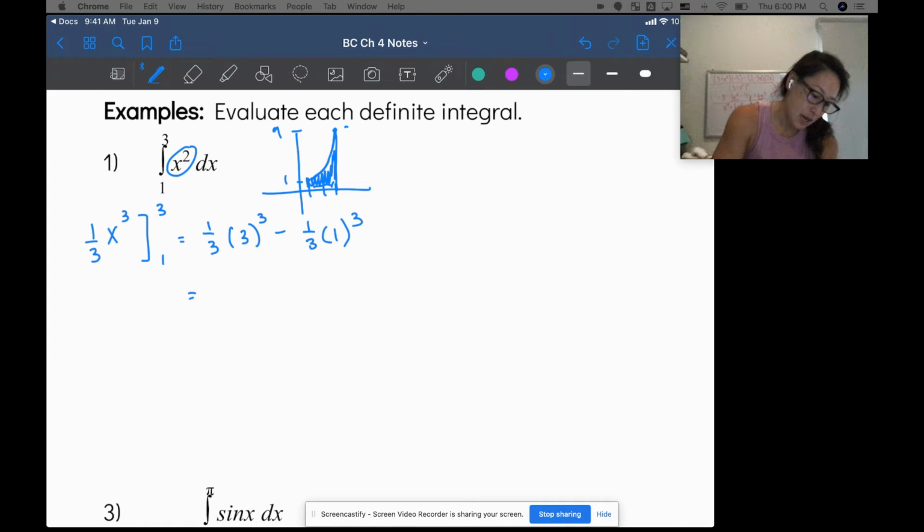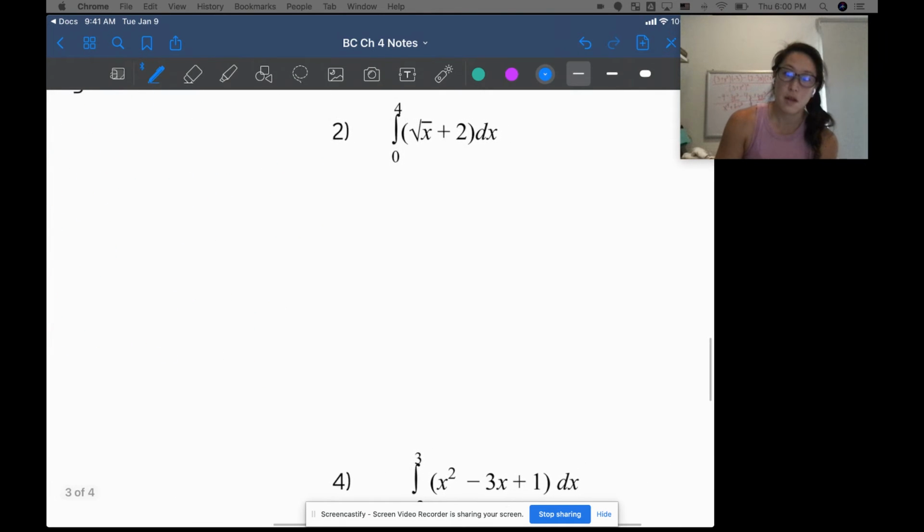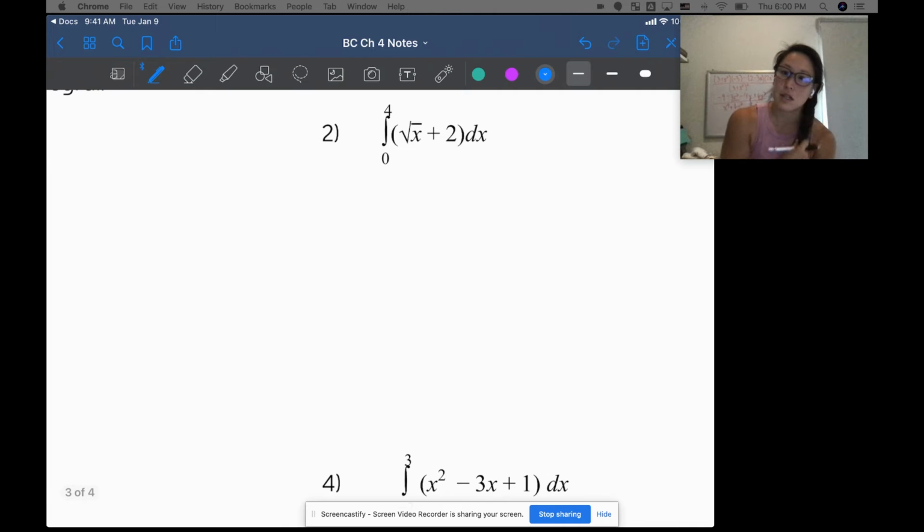And so I get 9 minus 1/3, which is 26 over 3. I just got that on another problem too. Weird.